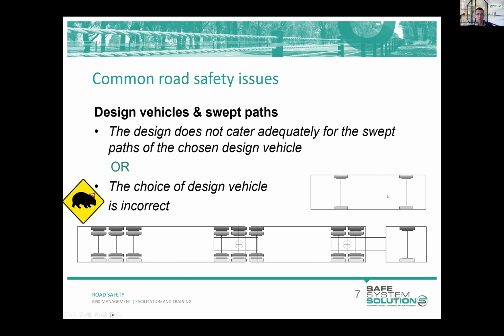It's an 8.8 metre long truck, which is representative of a garbage truck or a removal truck, the type of vehicle that we would expect to be able to access basically any residential street. A larger design vehicle at the bottom, which is a B double, that'd be about 25 or 26 metres long, that might be an appropriate design vehicle for a large arterial road intersection.